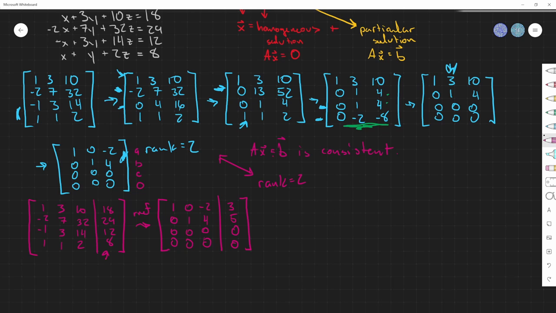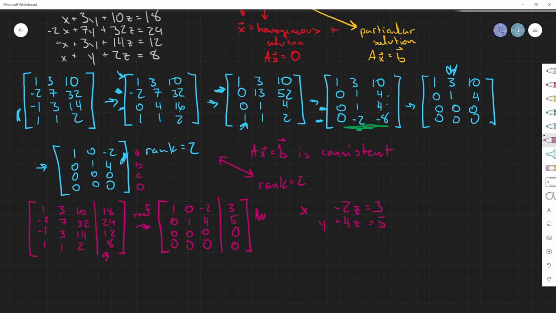So to find our solution, we can just rewrite the system of equations using this. So we'll have x minus 2z is equal to 3, then y plus 4z is equal to 5. You've done this before. That is when you're finding a solution to the system of equations.